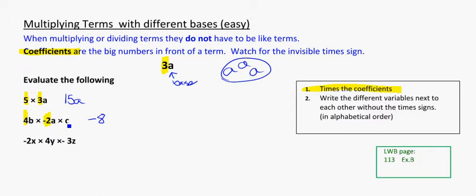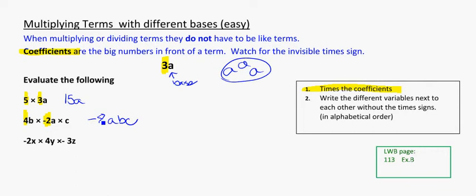And now I've got my bases. A trick for us here is to write them in alphabetical order without the times sign, because remember, the times sign can be invisible if you have it between two letters or between a letter and a number. So here I'm going to write a, b, and c. So 4b times -2a times c becomes -8abc.